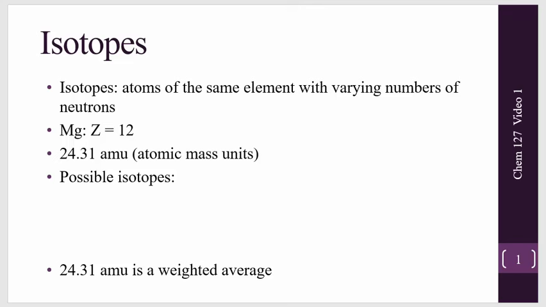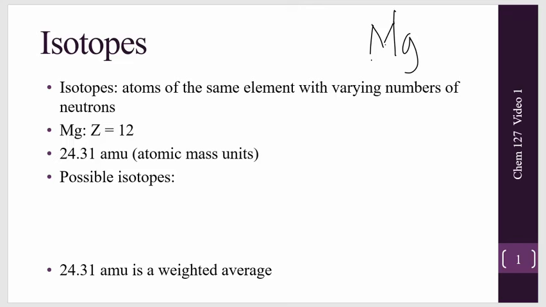So let's start with our first topic today, isotopes. On a periodic table, I just picked a sample element to talk about for isotopes, and that is magnesium. Go ahead and pull out your own periodic table that you got on the first day of class, or pull one up online. It has two numbers associated with magnesium.